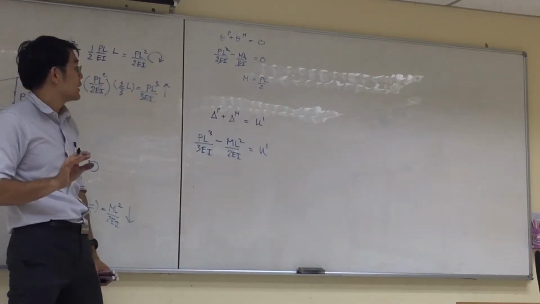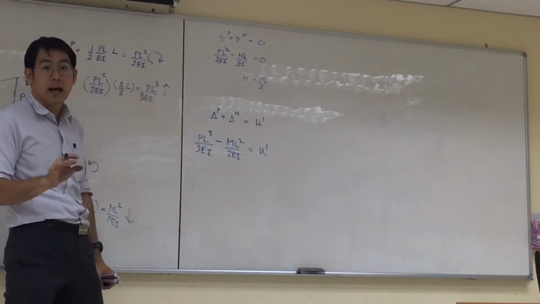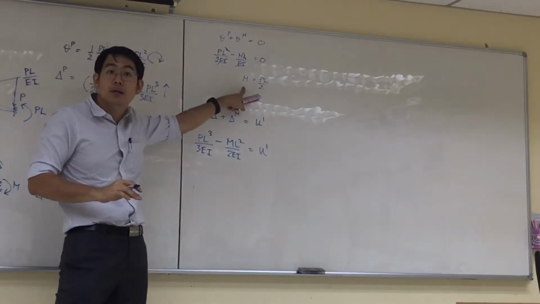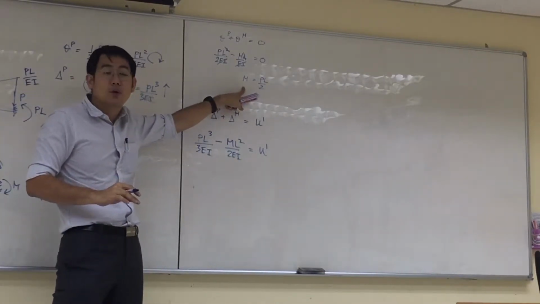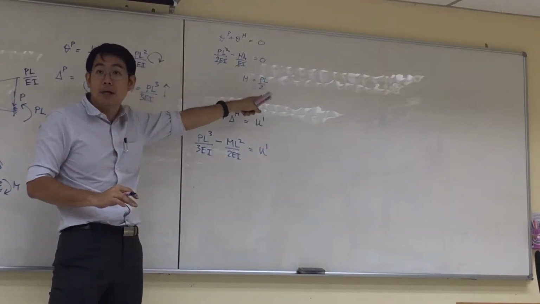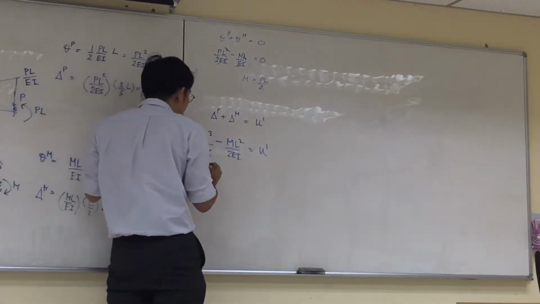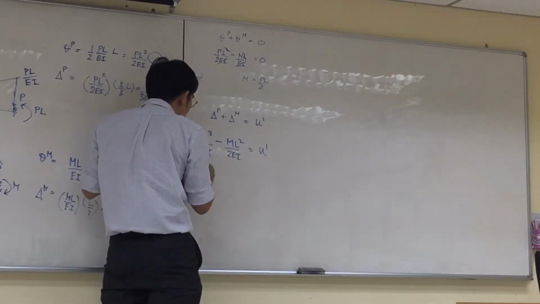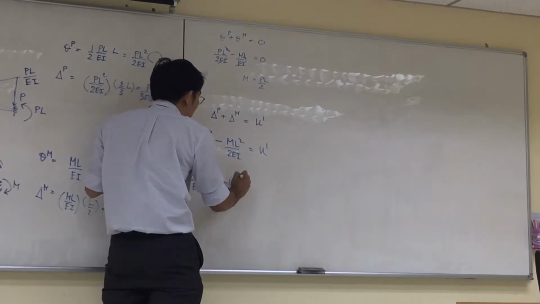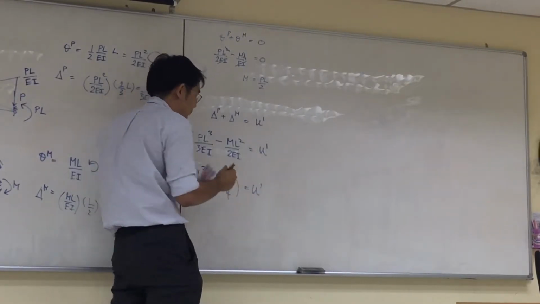But knowing that M and P are linked through these relationships, you can substitute the M by PL over 2. So plug it in, you take the PL cubed over EI out there, you have 1/3 minus 1/4 equals to U1.